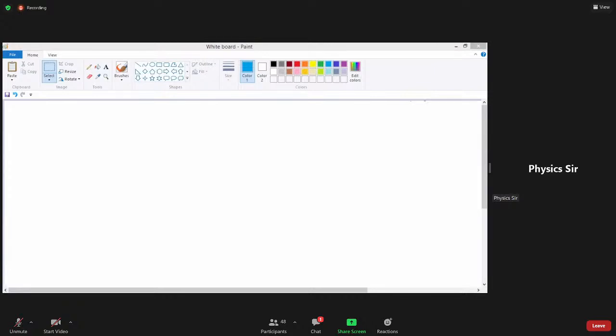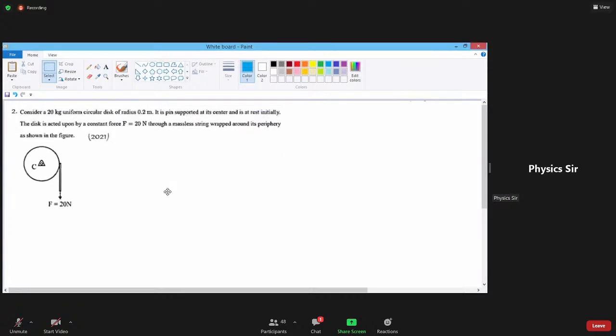So the next question is here. Consider a 20 kg uniform disc. This is again JEE 2021. Consider a 20 kg uniform circular disc having the radius 0.2 meter. So they have given the mass as 20 kg and the radius R as 0.2 meter.